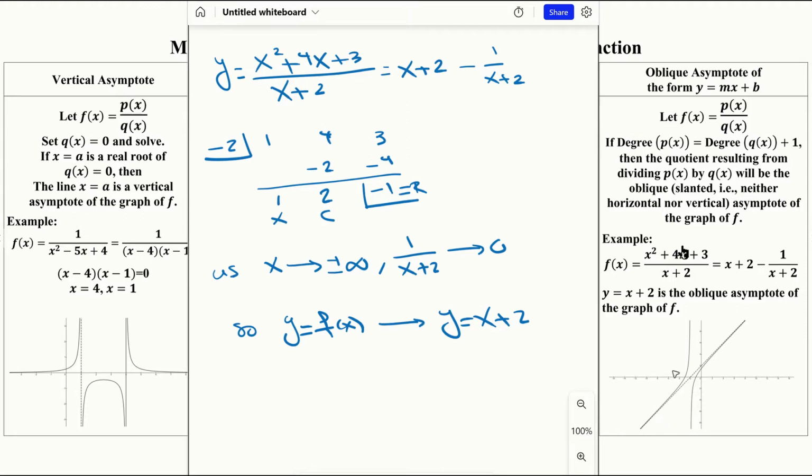Now, if the degree of the top is more than the degree of the bottom by a number larger than 1, you can still get asymptotes. They just won't be linear, right? You could get nonlinear asymptotes. We're not going to be handling too many of those, but I do want to show you one because it can be quite a beautiful situation. Let's take a quick look at one.